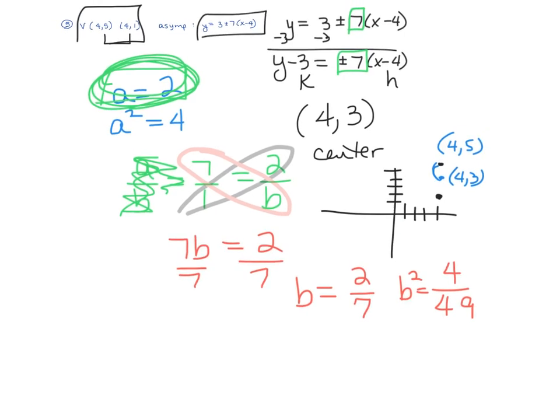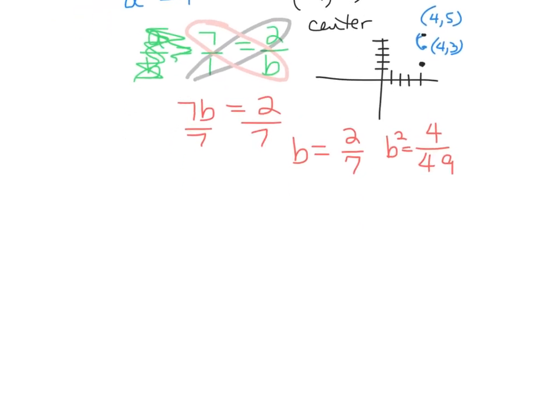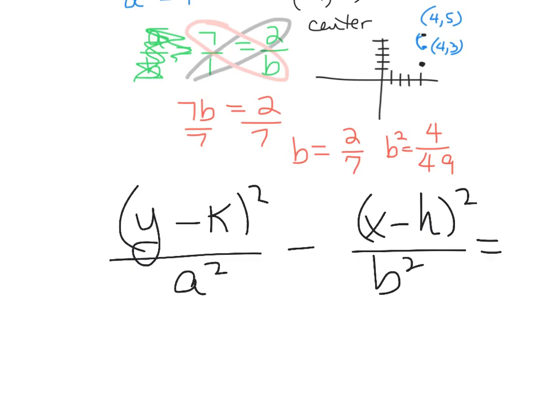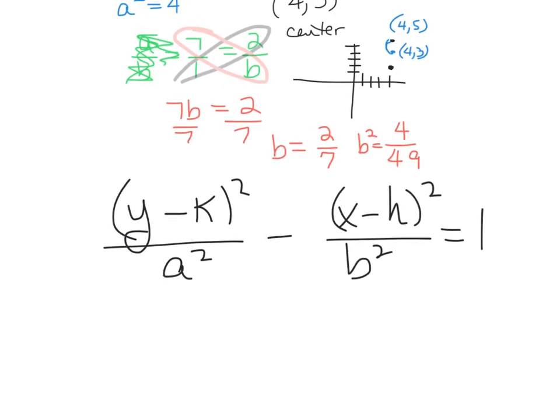I have my a squared, I have my b squared. So let's put it in. And I also have my h and k. So the formula that we're going to put it into is y minus k squared over a squared, x minus h squared over b squared equals 1. So let's fill in everything we have.